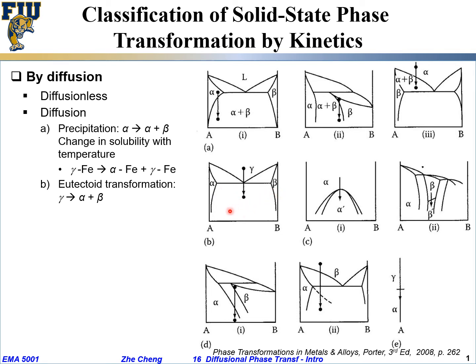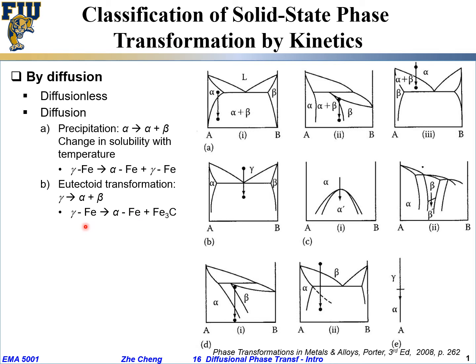The alpha phase is almost pure A with a little bit of B dissolved, while the beta phase is almost pure B with a little bit of A involved, and this is eutectoid transformation, which involves diffusion. Okay.